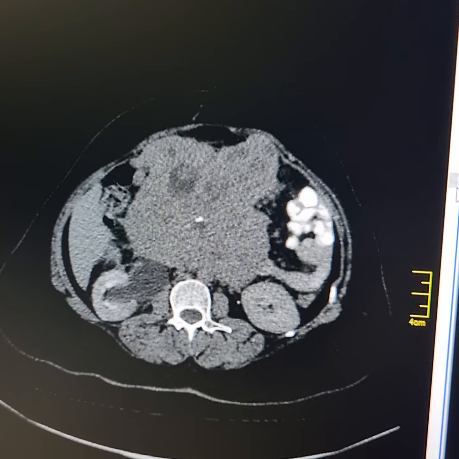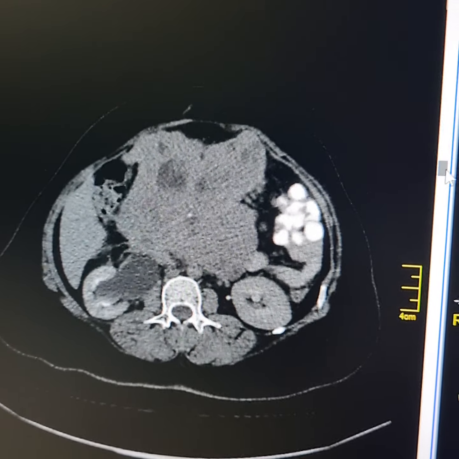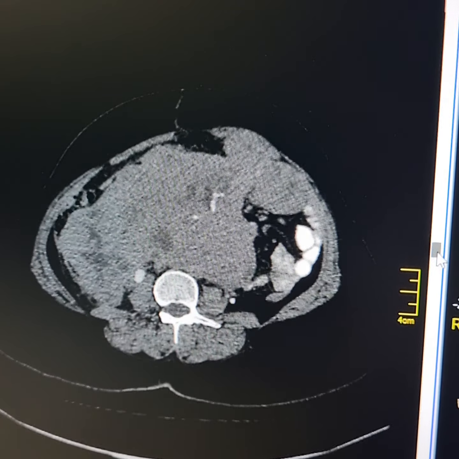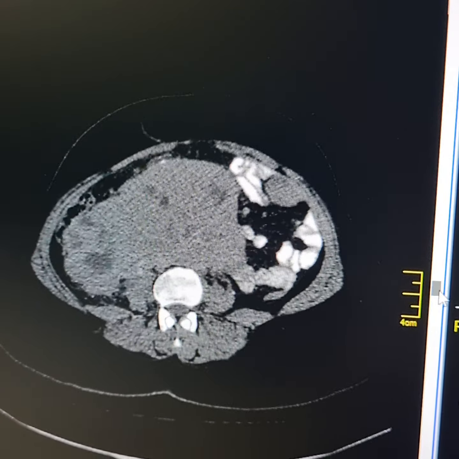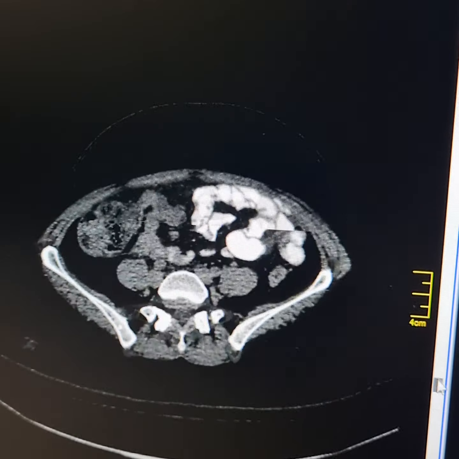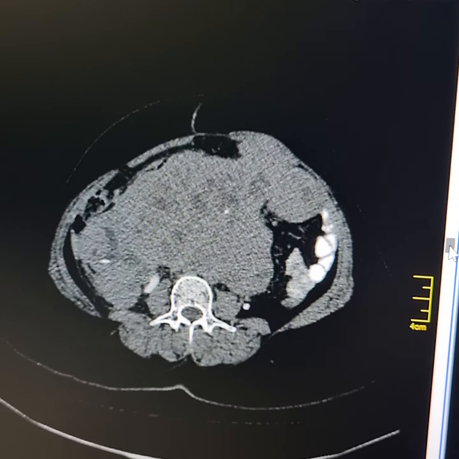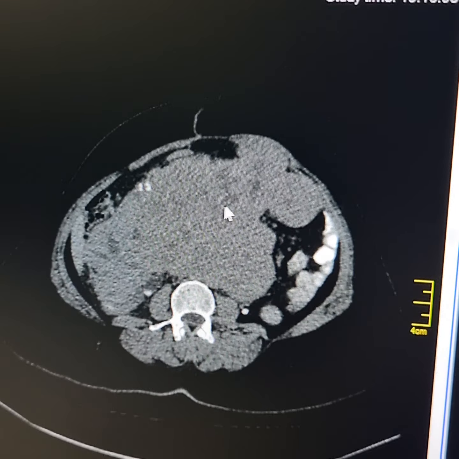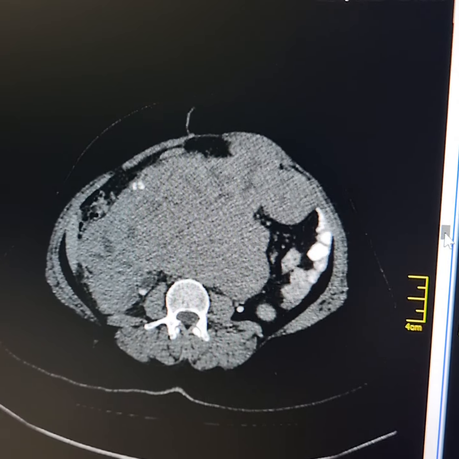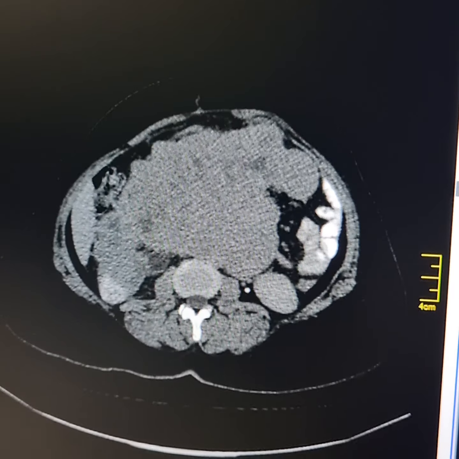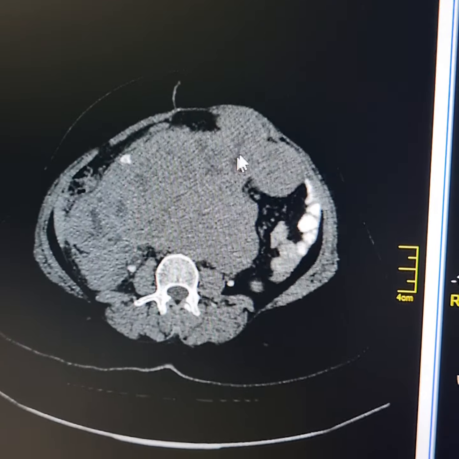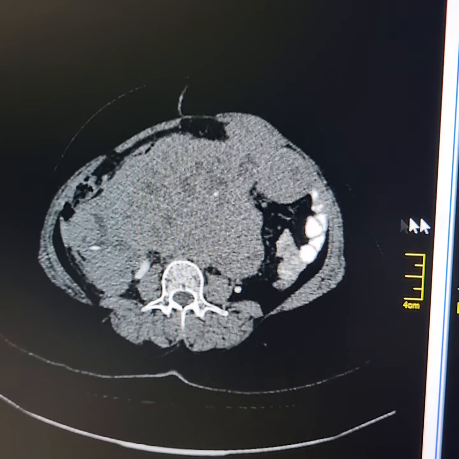An intact interface or fat plane is always visible between the aorta, inferior vena cava and the mass, while in cases of retroperitoneal masses, these are obliterated. Although apparently it looks like the mass is intraperitoneal and lies in contact with the anterior abdominal wall, which of course is protuberant here on the left side.